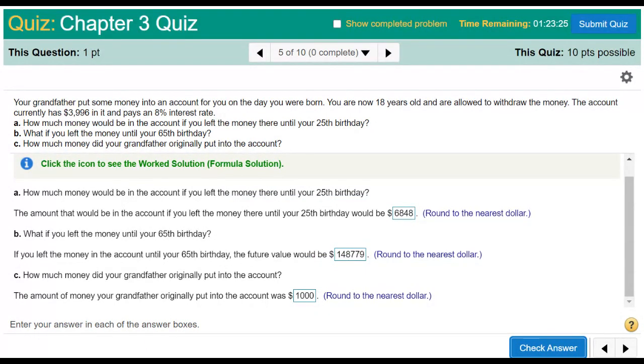I/Y equals 8%. Payment is 0. Future value is 3,996. And then compute for present value.